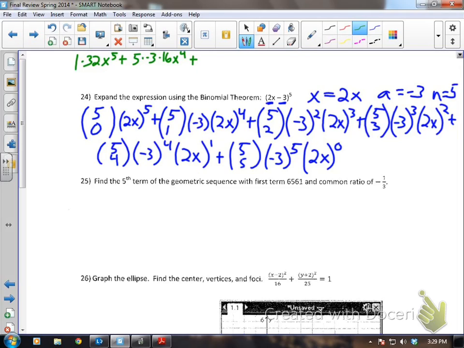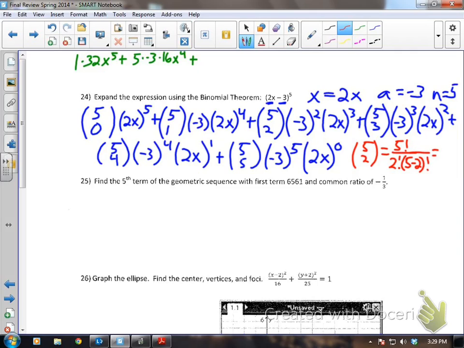Plus, now I need to figure out what 5 taken 2 at a time is. So let's just do a little aside on that, over here, because I don't have room anywhere else. Okay, so 5 taken 2 at a time. Remember that's 5 factorial divided by 2 factorial times 5 minus 2 factorial.